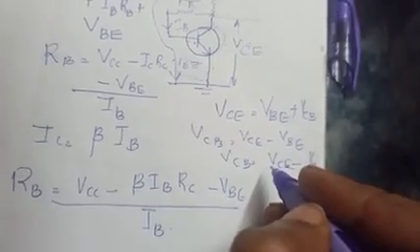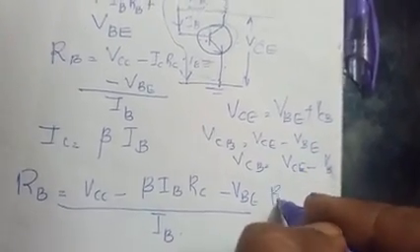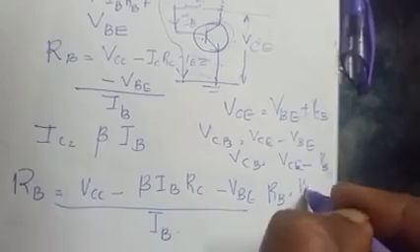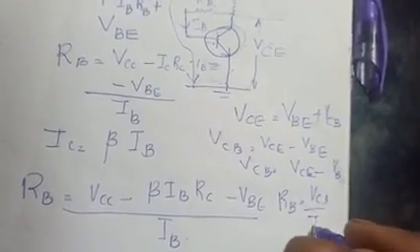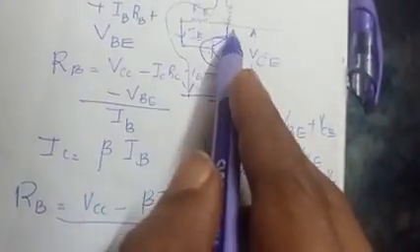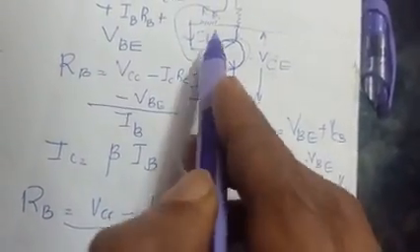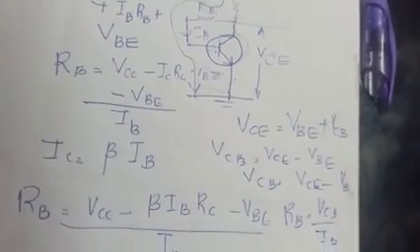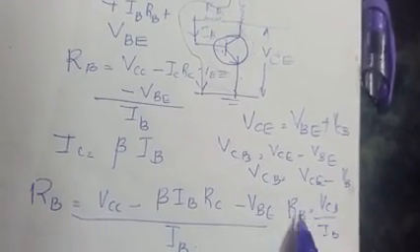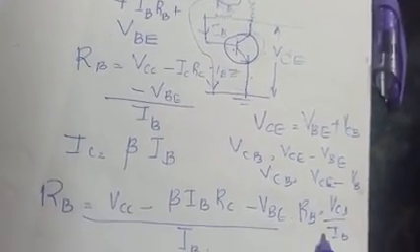Or RB is equal to VCB divided by IB. VCB is the collector base voltage. VCB means IBRB, so VCB is equal to IBRB, and from that RB is equal to VCB by IB.